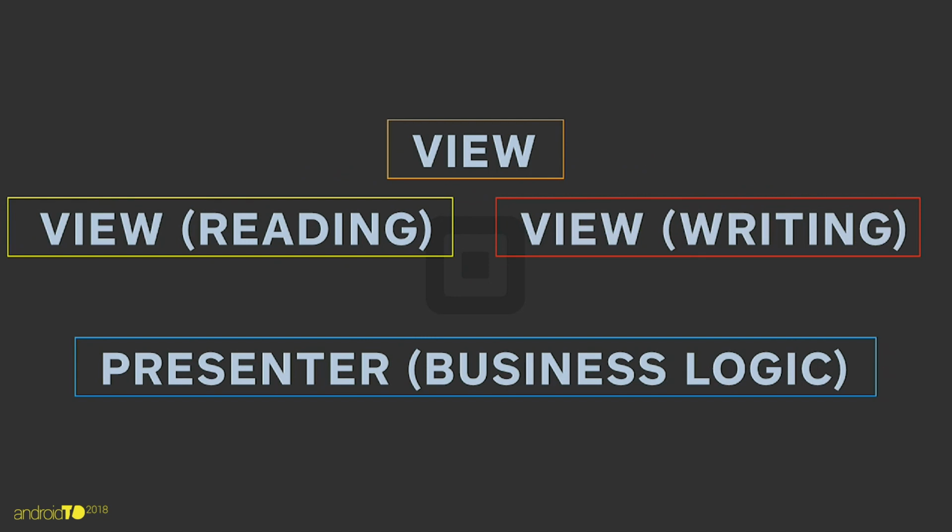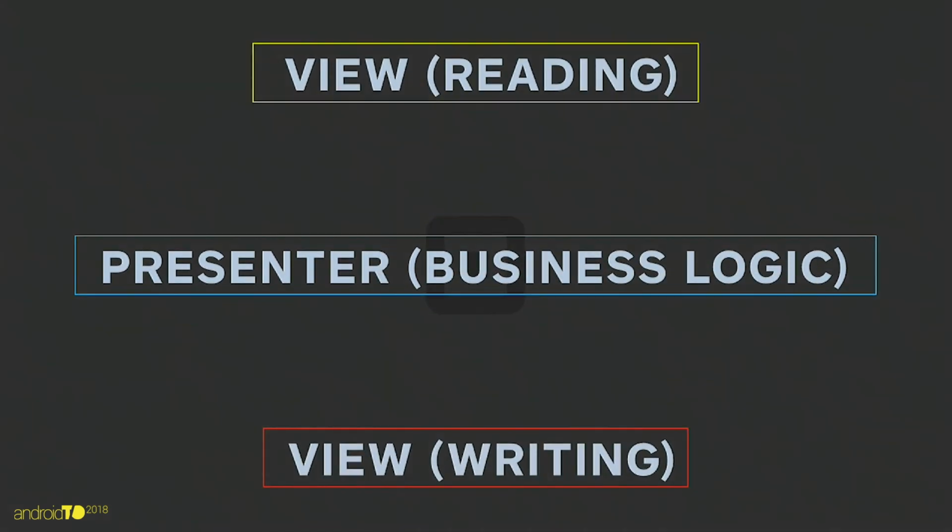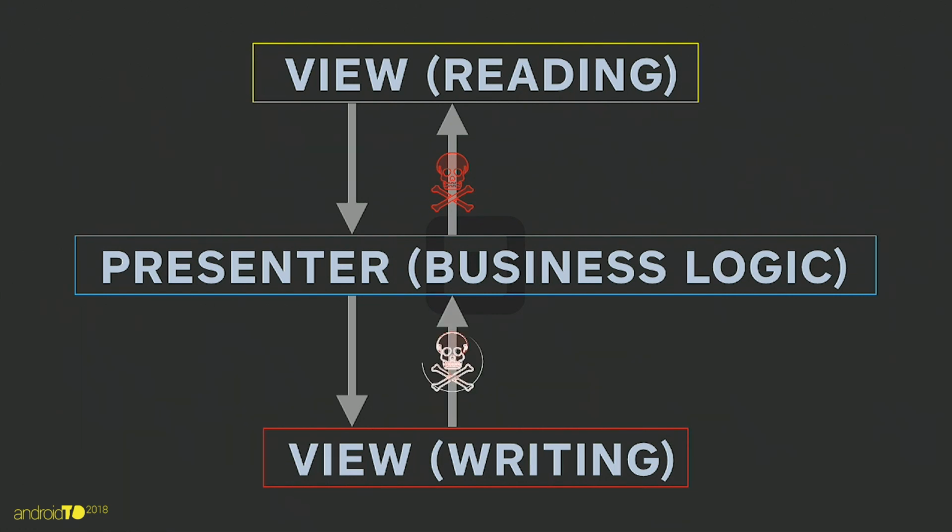And when we did the refactor earlier, it looked like this. We start at the reading. The data goes down to the presenter, goes down to the view. The business logic is not going back to the view to ask, oh, by the way, what's this view value? We don't do that. The writing is not saying, okay, can you fetch again the profile to do something? We don't do that.